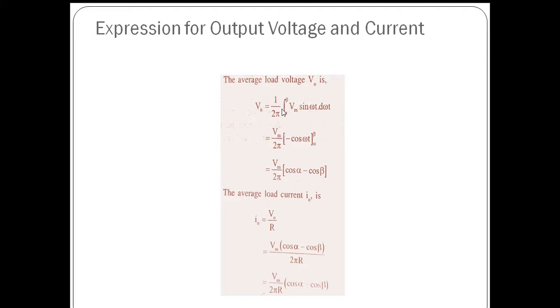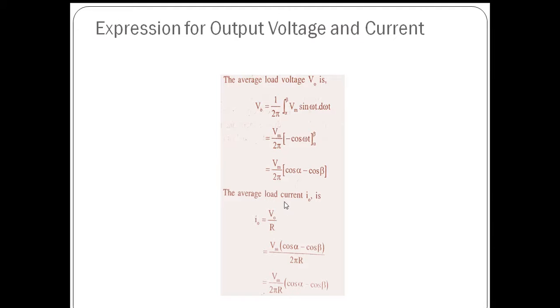In the earlier case, in place of beta, we wrote pi, because the positive half cycle reaches zero at the instant pi. Now we write beta because the device conducts up to beta.